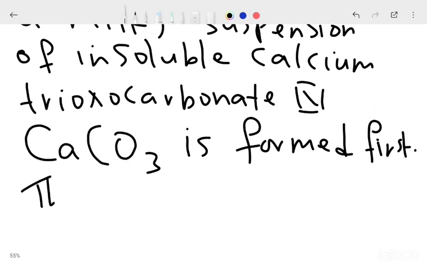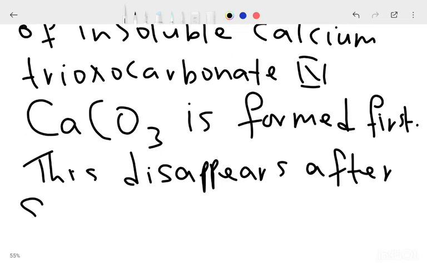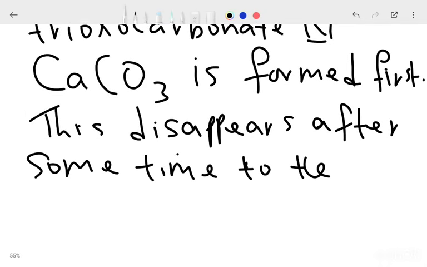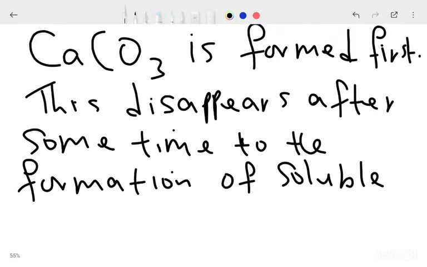Then this disappears after some time to the formation of soluble, what?